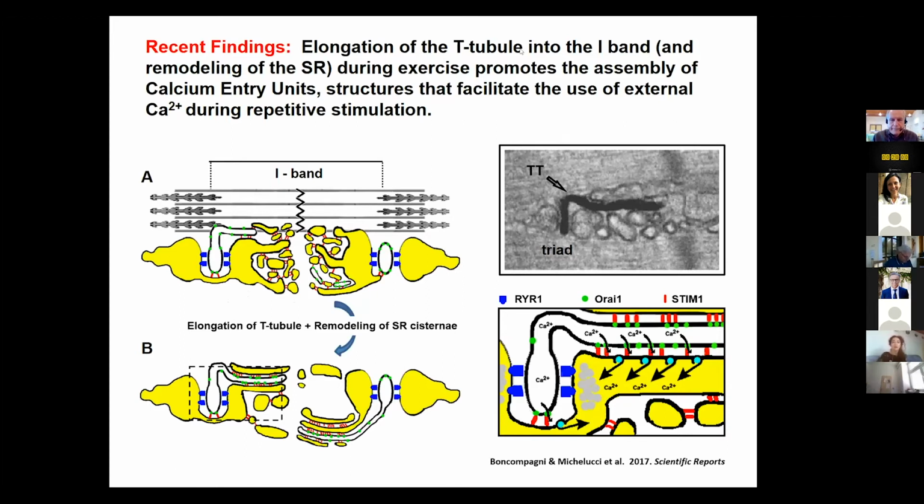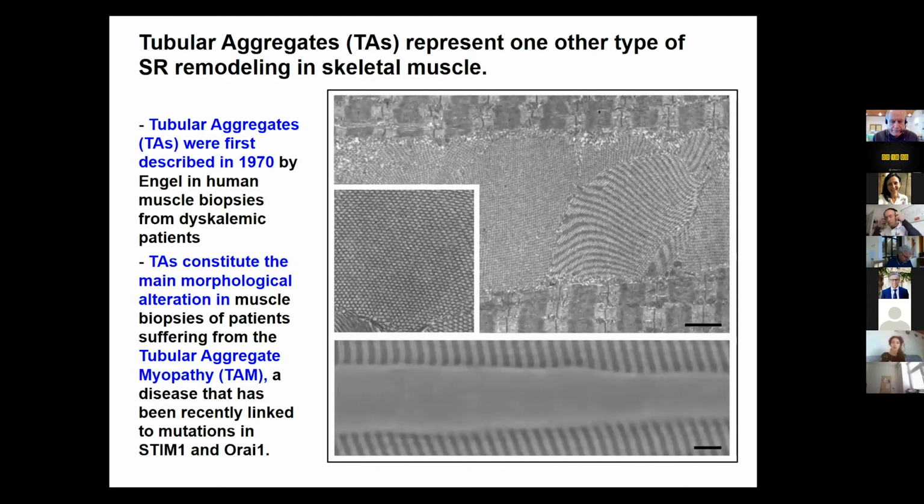Now, tubular aggregates, abbreviated TAs, represent one other type of sarcoplasmic reticulum remodeling in skeletal muscle. TAs are abnormal and extensive accumulations of SR membranes, which were first described in 1970 by Engel in human biopsies from dyskalemic patients.